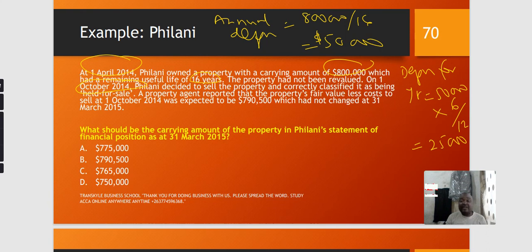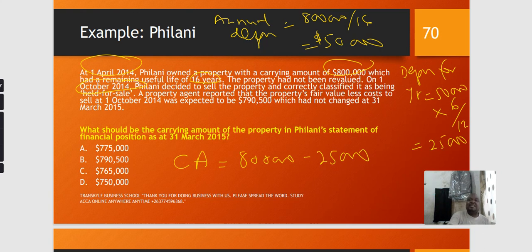Okay, we have got the depreciation. So we now know that the carrying amount can now be computed. That's 800,000 minus depreciation for the year only. We are not going to consider the accumulated depreciation because that has already been dealt with.